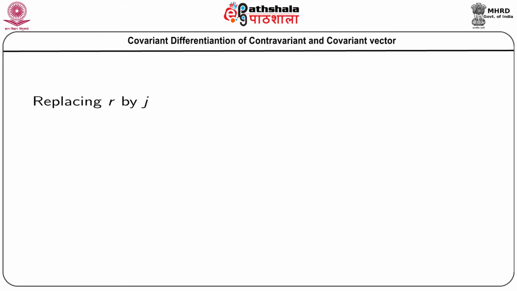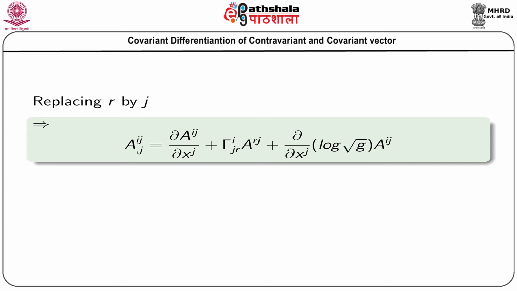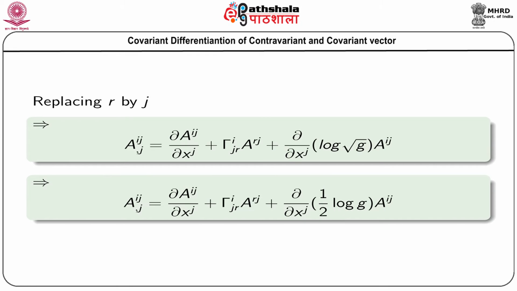Now, replacing r by j, we get the following expression: A i j comma j equals del A i j by del x j plus gamma i j r A r j plus del del x j log root g A i j, which can be again expressed in the following way.